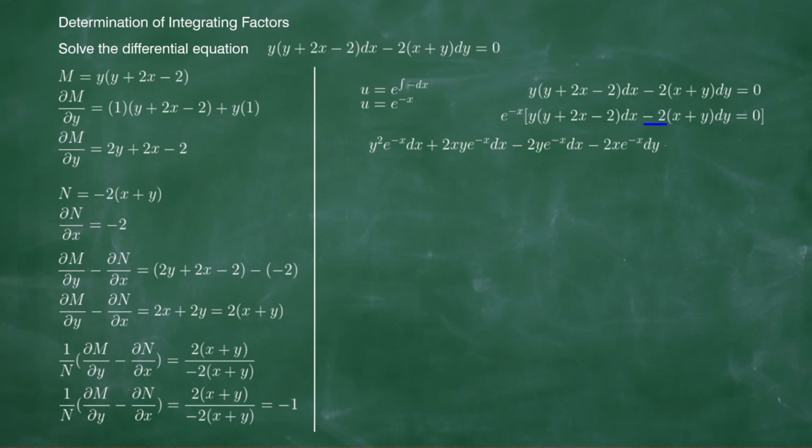Then we multiply negative 2 times x, so negative 2x e to the negative x dy. And then the last term would be minus 2y e to the negative x dy equals 0.